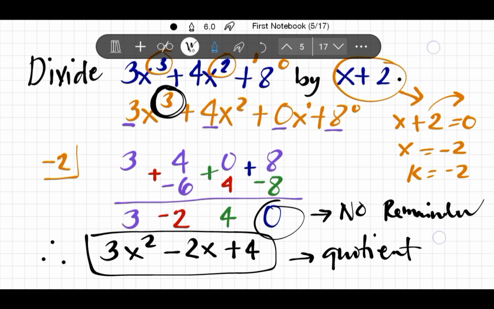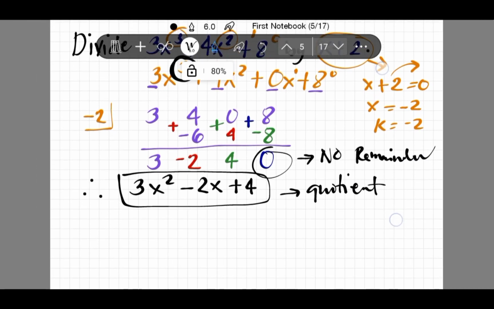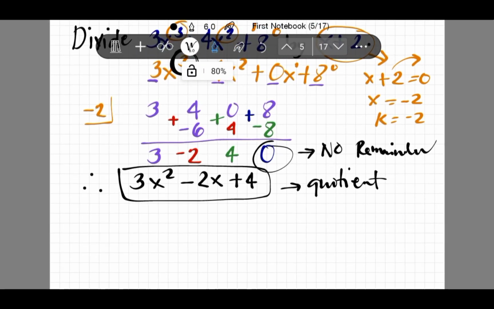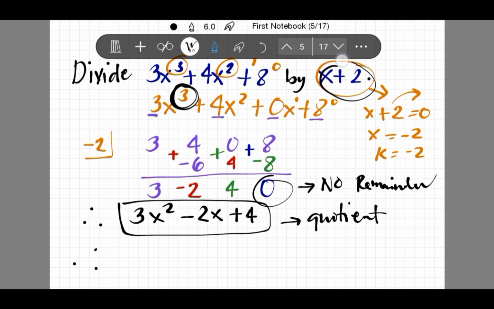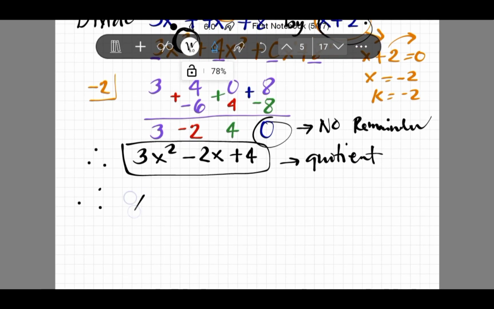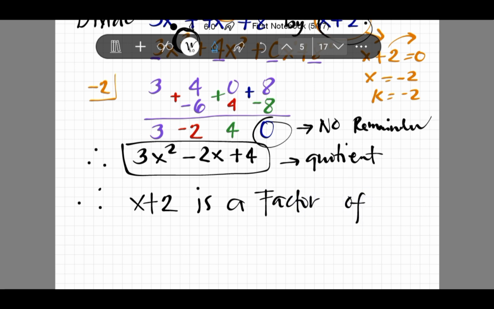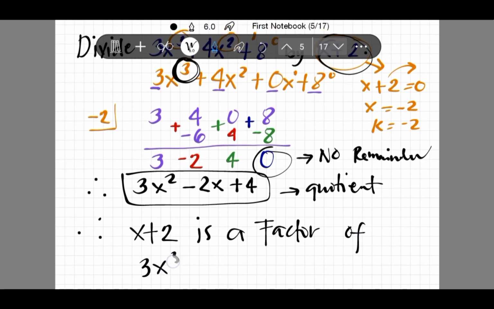So going back again to the concept of factor. A while ago, I told you that if the remainder is 0, or if there is no remainder, therefore the given divisor, which here is x plus 2, is a factor of the given dividend, which is 3x cubed plus 4x squared plus 8.